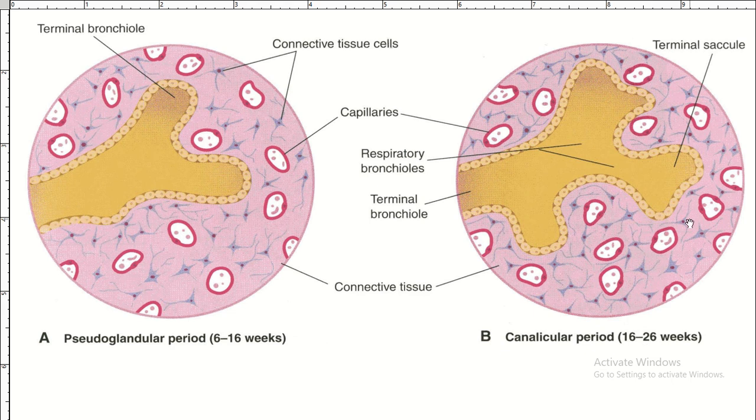And that's where you now have vascularization of your respiratory system. You can see now these blood capillaries are communicating or interacting with the epithelia of your respiratory system, forming the blood-air barrier.